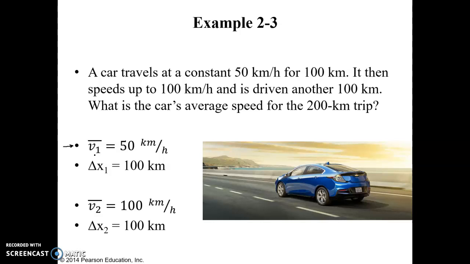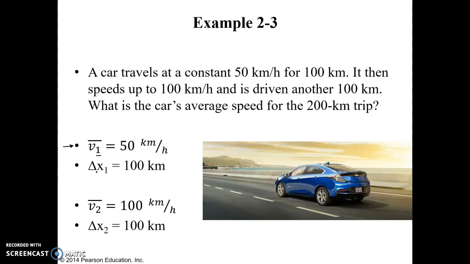We use subscripts a lot in this class to denote initial, final, or different bodies, like if we're talking about collisions between body A and body B. Get used to seeing subscripts. The bar overhead means average. Average velocity 1 equals 50 kilometers per hour.